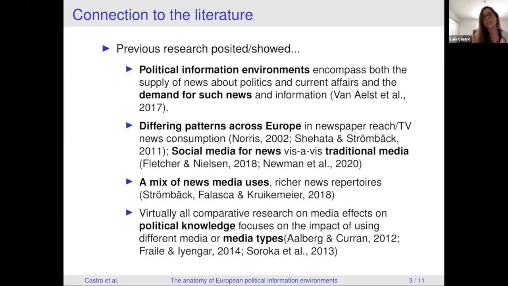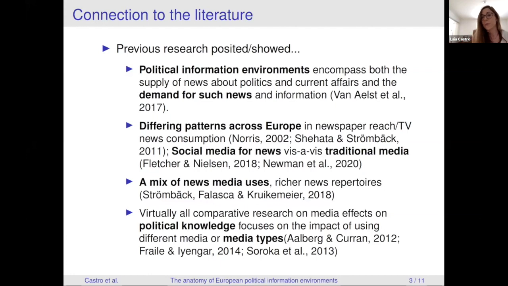We find a recent strand of literature coming, for example, from the Reuters Institute attesting to audience divides, so differences or variance between countries when it comes to the use of social media for news as compared to traditional media.